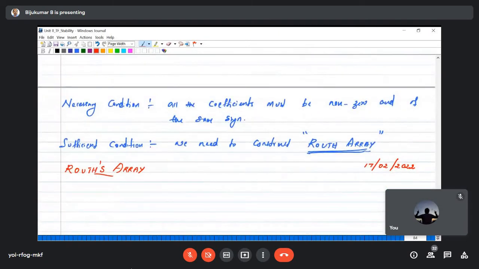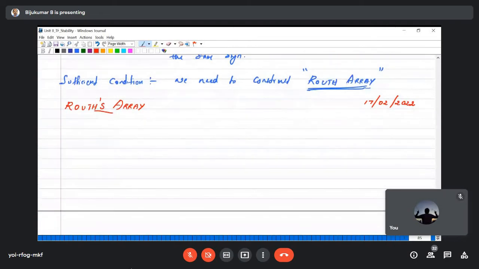So what is the sufficient condition? We need to construct a Routh array, and today we will see how to construct it, and from the Routh array how we can find out the location of the poles. Our aim is to locate the poles, whether they are in the LHP, the RHP, or on the imaginary axis.